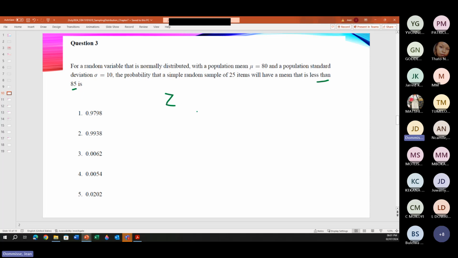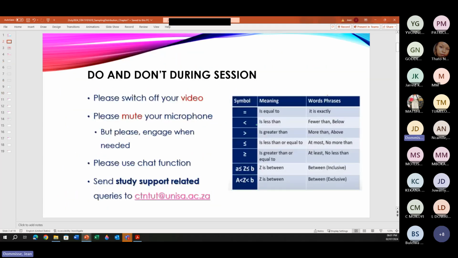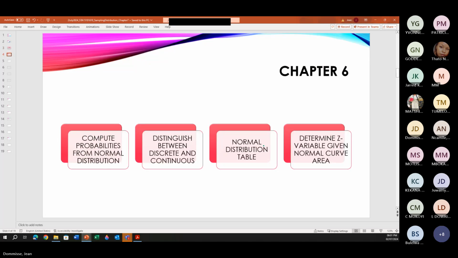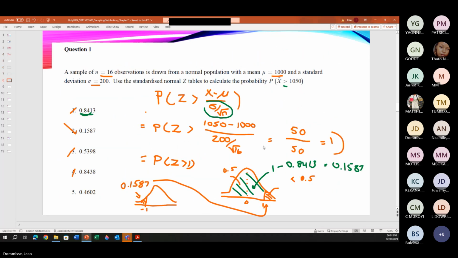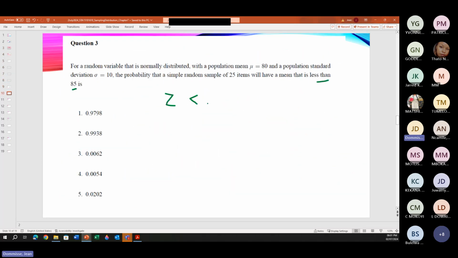So we want to work out the z that is less than, let's just quickly check, less than is that. So less than, and let's write down the formula so that we get used to what we're using.